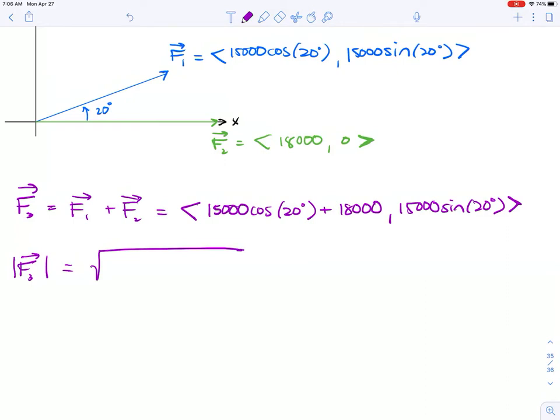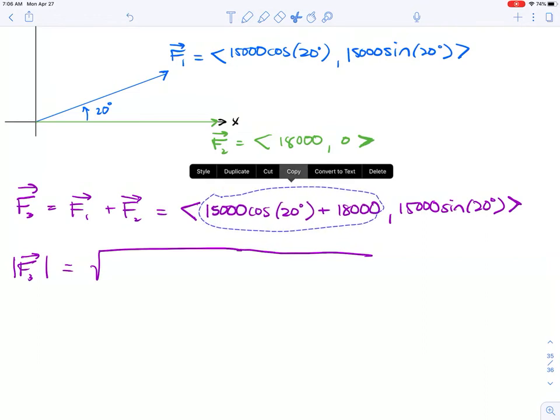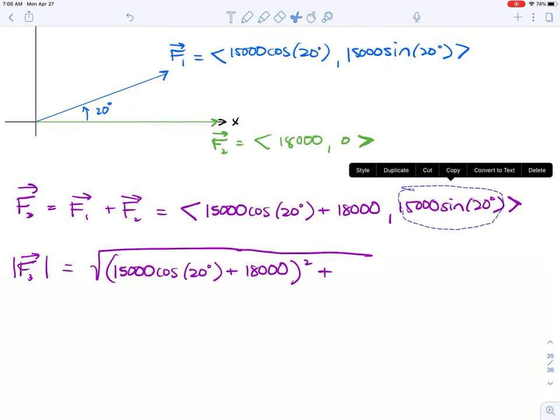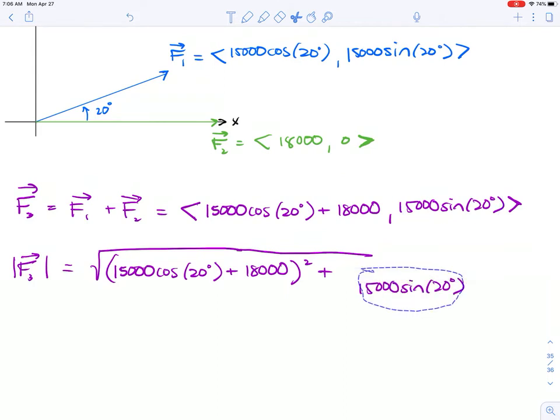So to find the magnitude of F3, we'll take the square root of our horizontal component squared plus our vertical component squared.